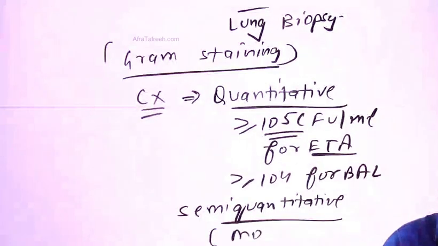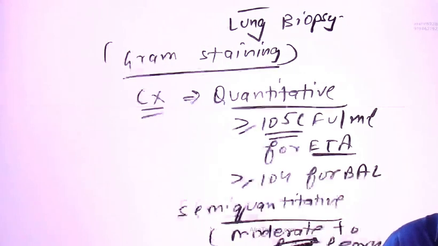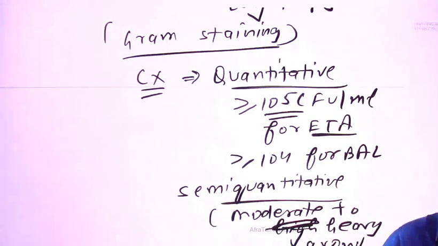Moderate to heavy growth, if it is coming off. That is more or less suggestive, heavy you can say. If moderate to heavy growth is seen on the plates, then that also will give you an idea regarding the VAP.